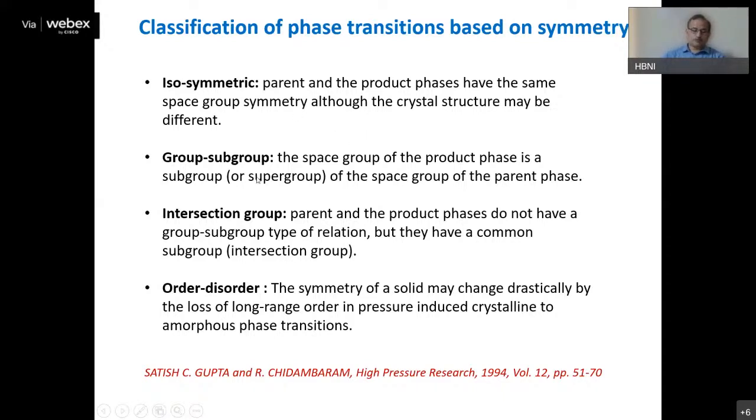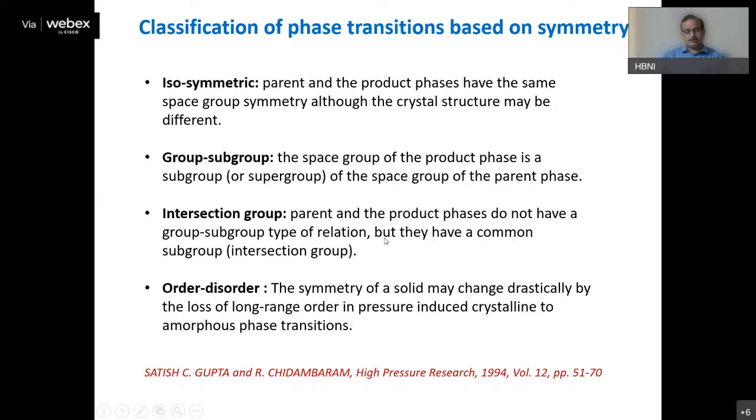Then there can be group-subgroup symmetry relationship, where the daughter phase is a low symmetry phase, but it is a subgroup of the parent phase. Then there could be phase transitions where it is an intersection group, so parent and daughter phase both are related to an intermediate phase by some group-subgroup relationship. And then there could be order-disorder kind of phase transition also.